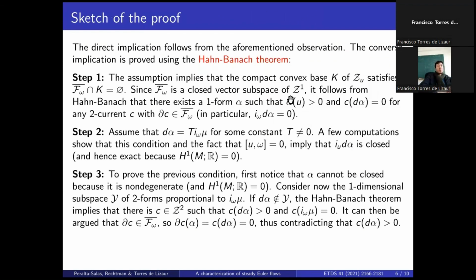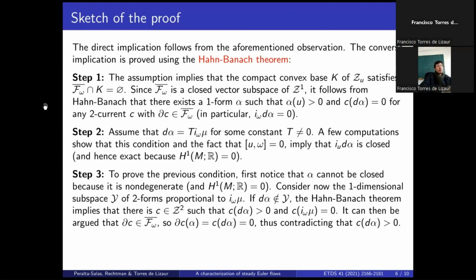It is a cone with a compact convex base that we are going to call K. So if the cone only intersects this linear subspace, the space of boundaries of zero-flux surfaces, in zero, it means that it does not intersect this compact convex base of the cone. So the intersection between this compact convex set and this linear subspace is empty.